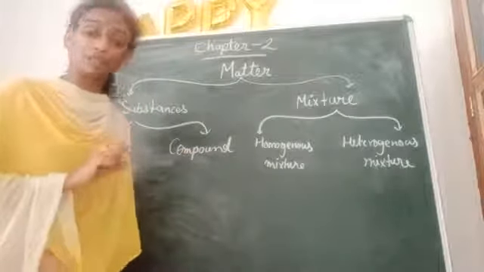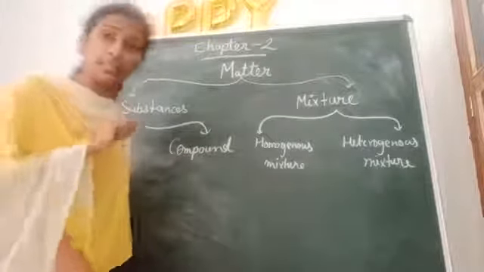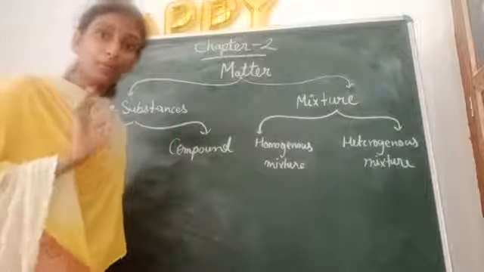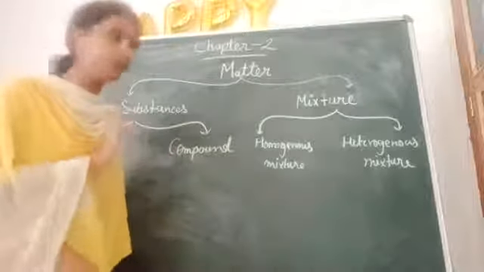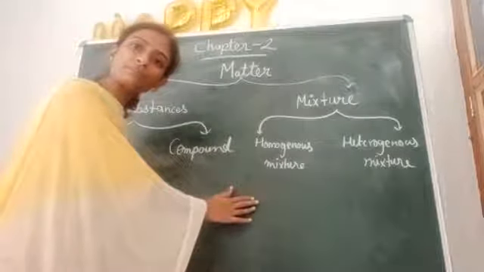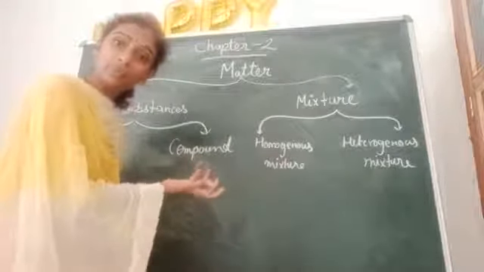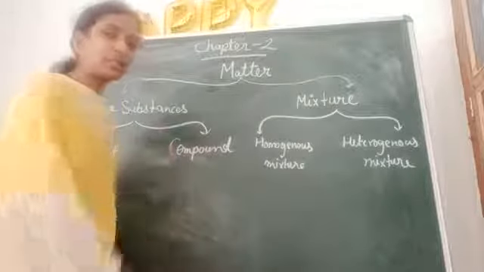We can't differentiate and pick out the carbohydrate or the protein. So they have the same composition throughout the glass, and we call it a homogeneous mixture, like tea or juice.